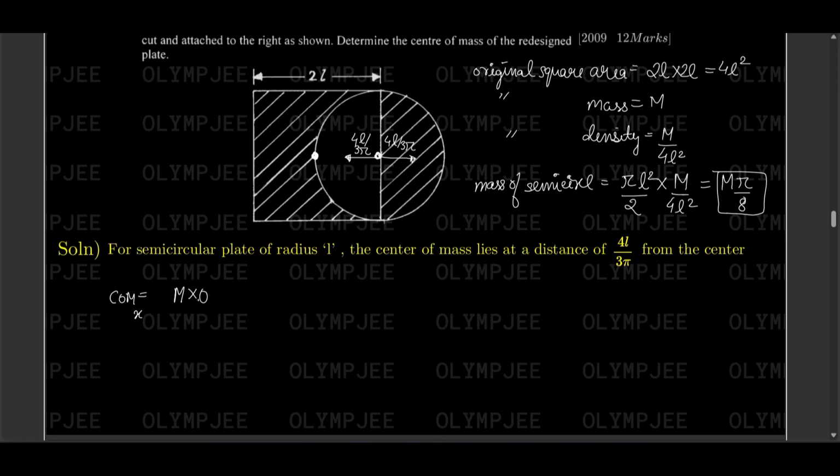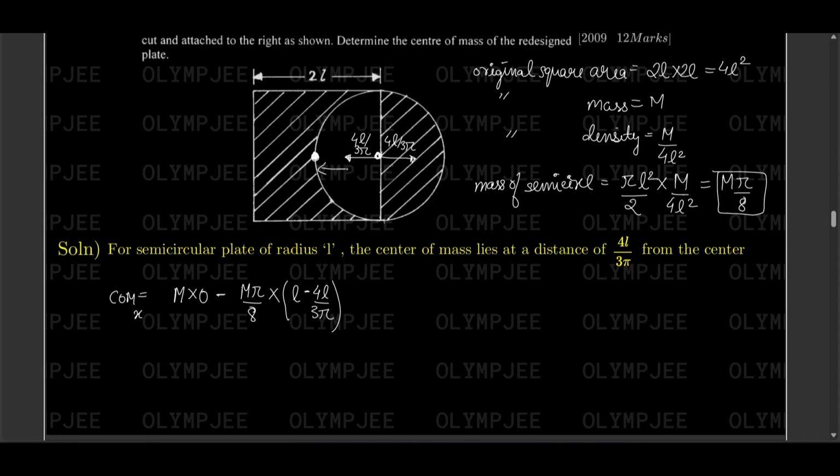So m multiplied by 0 minus, since this has been removed, the mass is m pi by 8 multiplied by, from the origin, L minus 4L by 3 pi, right?